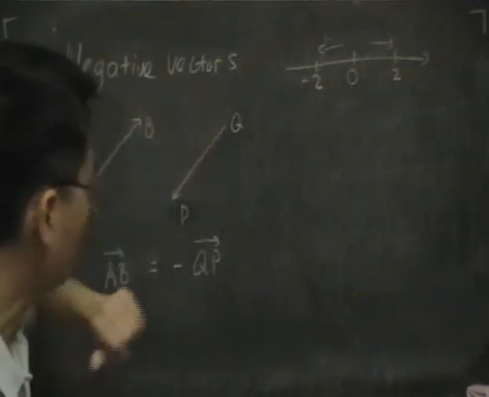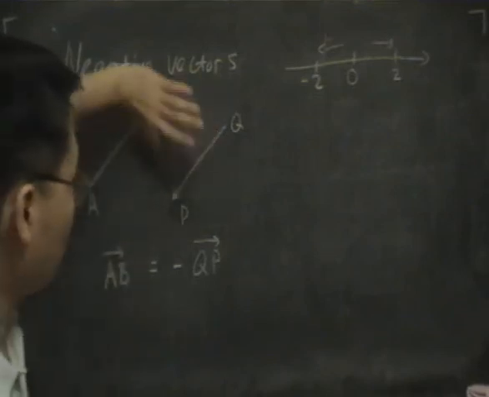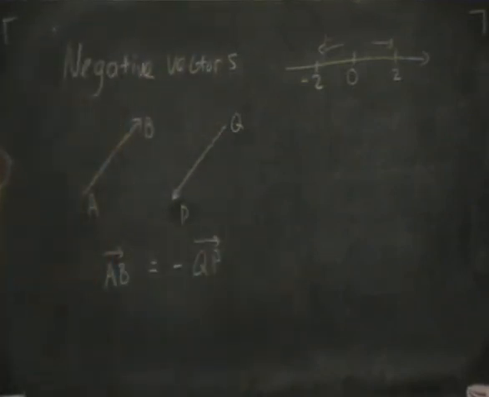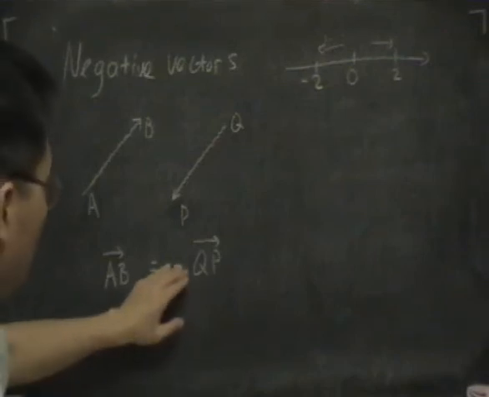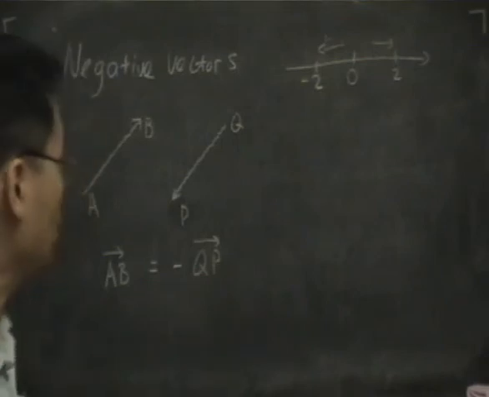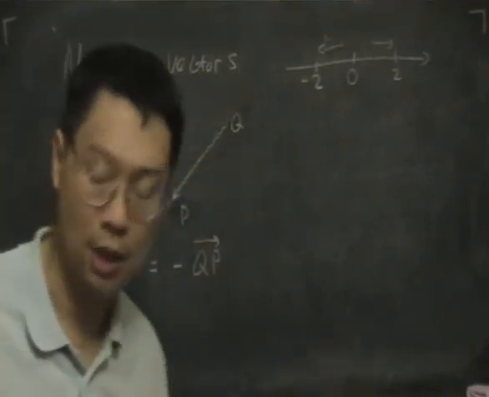Reversing the direction, but keeping the same magnitude. So it's as if you just take this arrow and flip it the other way around. So that's what it means if we see a minus sign in front of a vector. It just means the reverse direction. Okay, but it's still parallel. It's still along the same line.